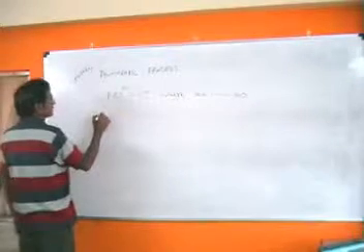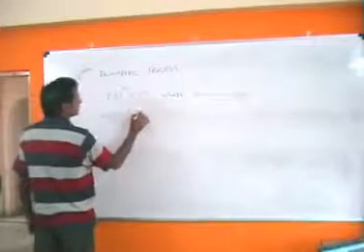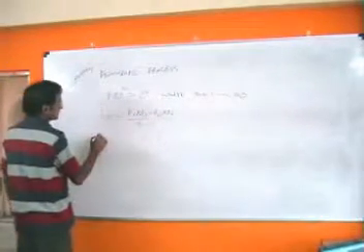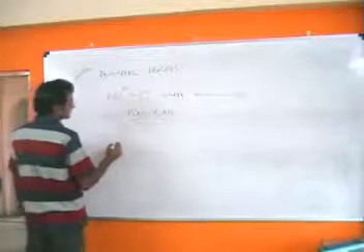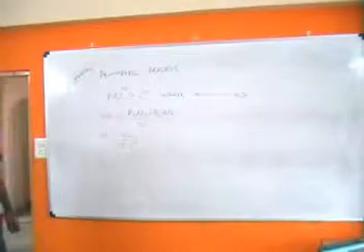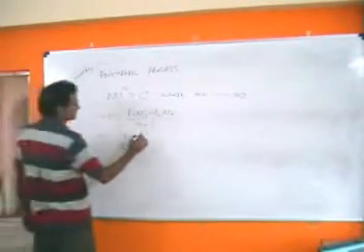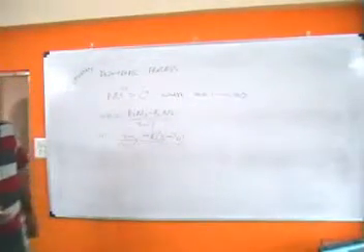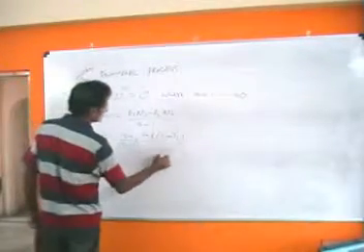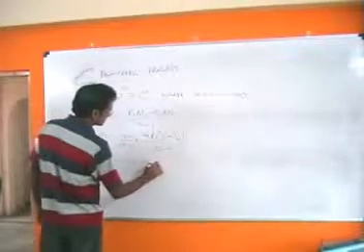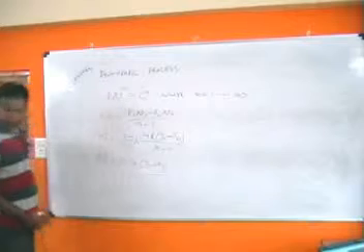Then we have the work done equal to (P1 V1 minus P2 V2) by (n minus 1), and the heat supplied equal to (gamma minus n) by (gamma minus 1) times mR into (T1 minus T2) by (n minus 1). The change in internal energy remains m Cv (T2 minus T1), which is standard for all the thermodynamic processes.